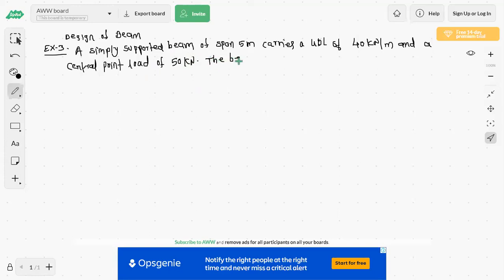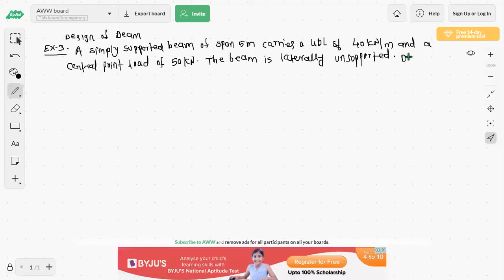The beam is laterally unsupported. Full stop.